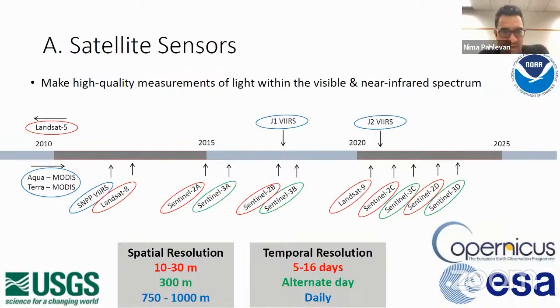That includes Landsat 5, currently Landsat 8 and 9, and Sentinel-2 A, B, and C. The ones highlighted in green are collecting data at about 300 meters nominally. That includes Sentinel-3A, B, and C, and D in the future. And then we also have a couple of missions shown as J1 VIIRS and J2 VIIRS that collect data on a daily basis, but at coarser resolution, from 750 meters to a kilometer.